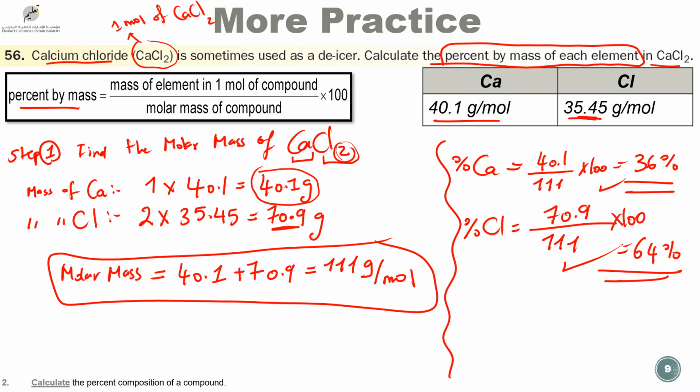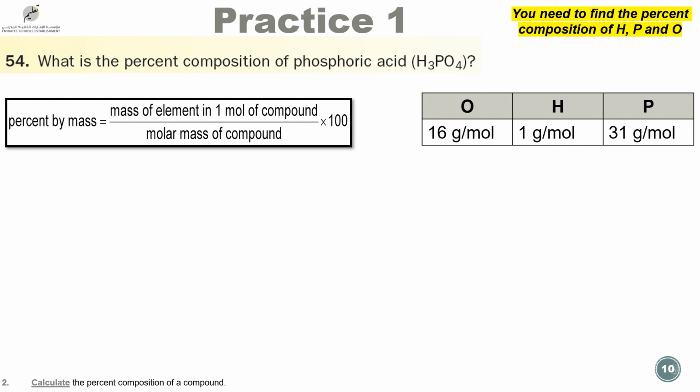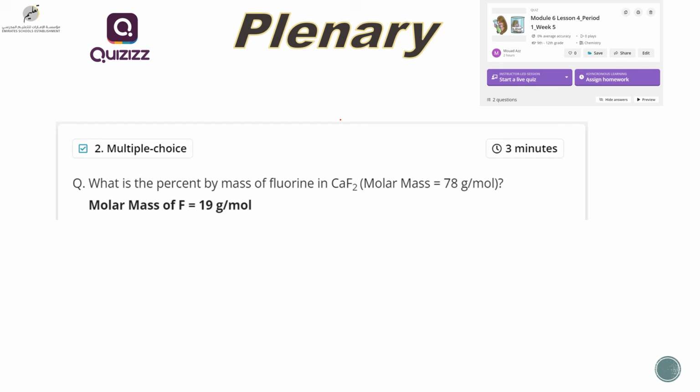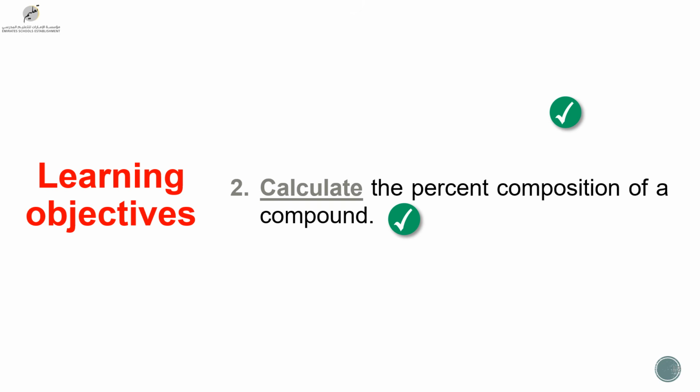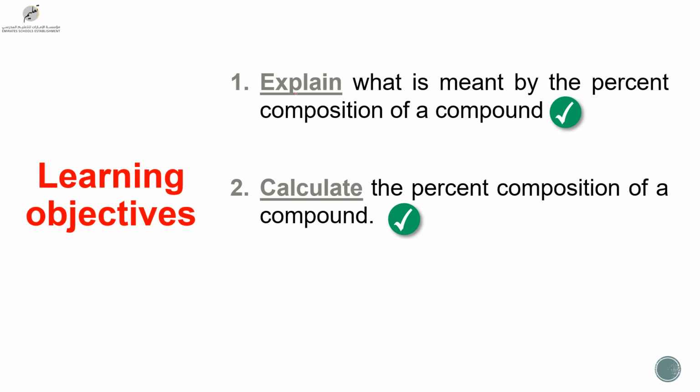Finished. If you know how to do this, we finished the first part, okay? You can have more practice here if you want. You can find the solutions on LMS. We learned how to calculate the percent composition of a compound and explained what the percent composition of a compound is.